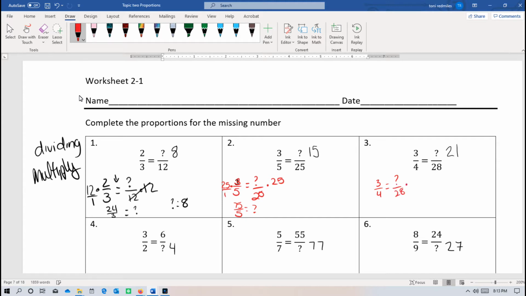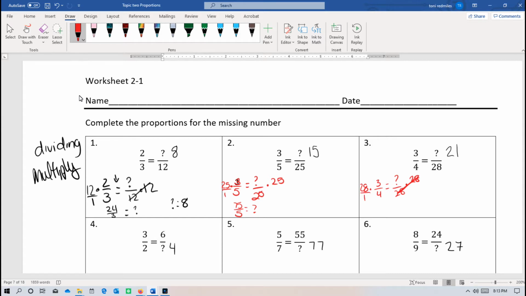In this one, I'm going to multiply both sides by 28 because the 28 is dividing my unknown. So to undo it, so I get it by itself and can identify what it is, I'm going to do this. And on this one, I'm going to show you how this proportional statement works. So these are going to go to 1, and I'm going to put 1 underneath here. 28 times 3.